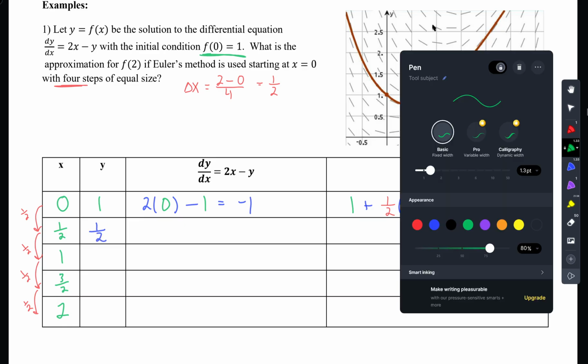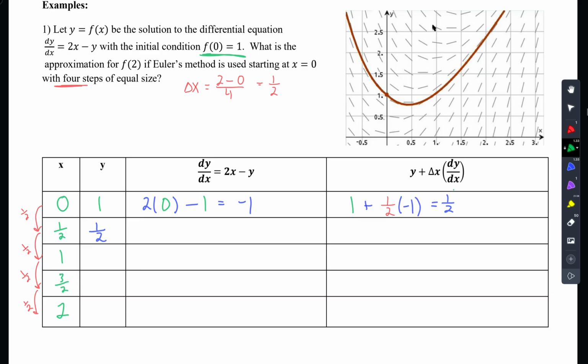This is now your new y, and then you keep doing it again. Now you go, okay, 2 times your x minus your y is going to be your rate. You plug in your x and your y, and you get your new value, which is a half.